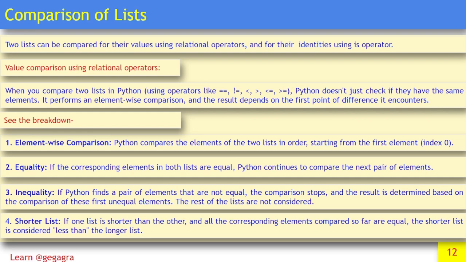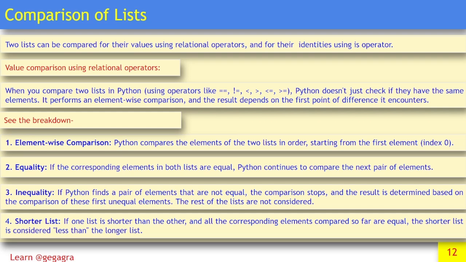If one has 3 elements and the other has 4 elements, but the 3 elements of the shorter list are equal to the first 3 elements of the longer list, then in that case the output should be considered as less than the longer list.